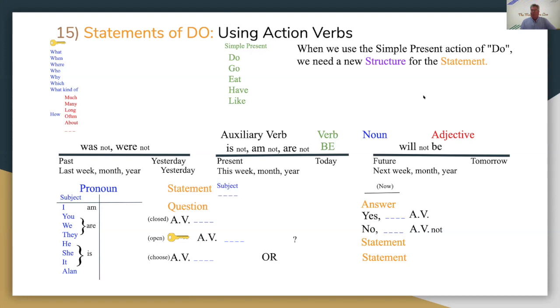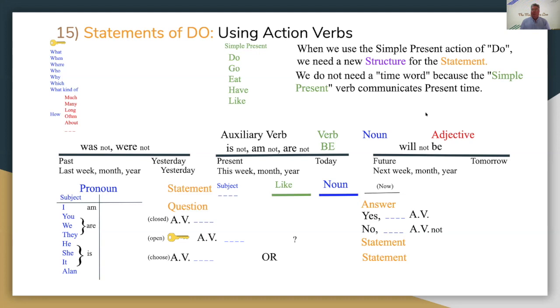First, we'll have the subject, the verb, and the noun. Okay? So we could make a very simple statement. I like sushi. Now, we do not need a time word. We don't need an auxiliary because the simple present verb communicates the present time. So the time is gone.